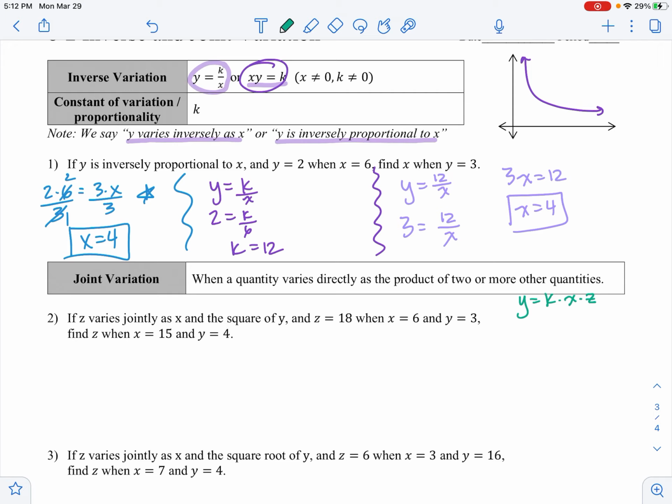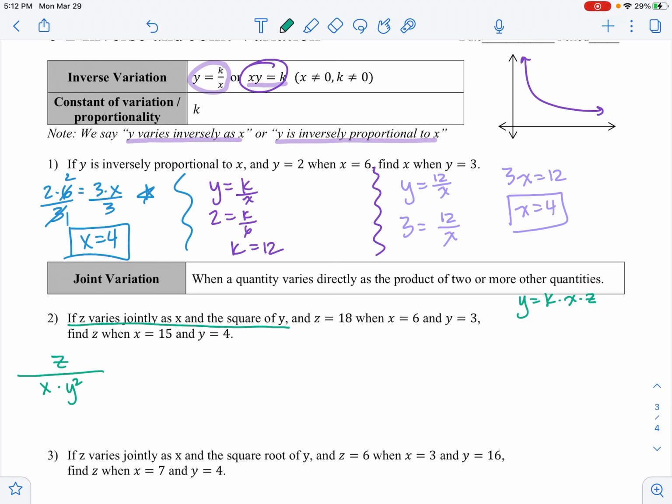Because it's direct variation, I can still set up that ratio. So when they tell me in number 2 here that z varies jointly as x and the square of y, that tells me that z is over x, and in this case doesn't mean times, it means multiply. The square of y is going to be y squared.